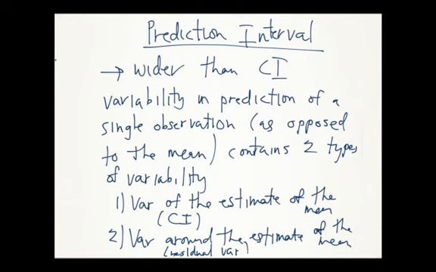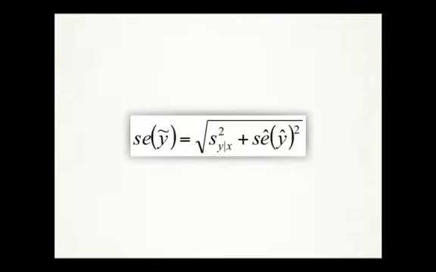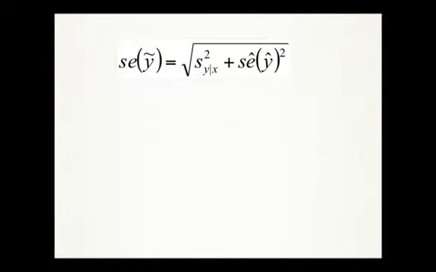So what does that look like? So if we were to write that out, it would take on the following form. Okay? So here's a standard error for a predicted person. Okay? And you can see it involves both the variability of the estimate of the mean, which we had before, and also the variability around the estimate of the mean.